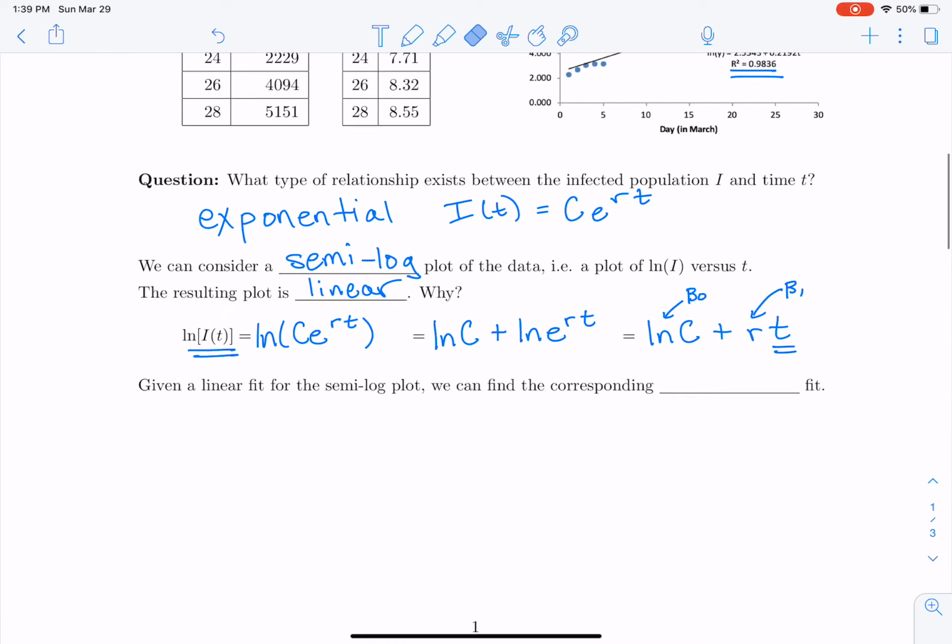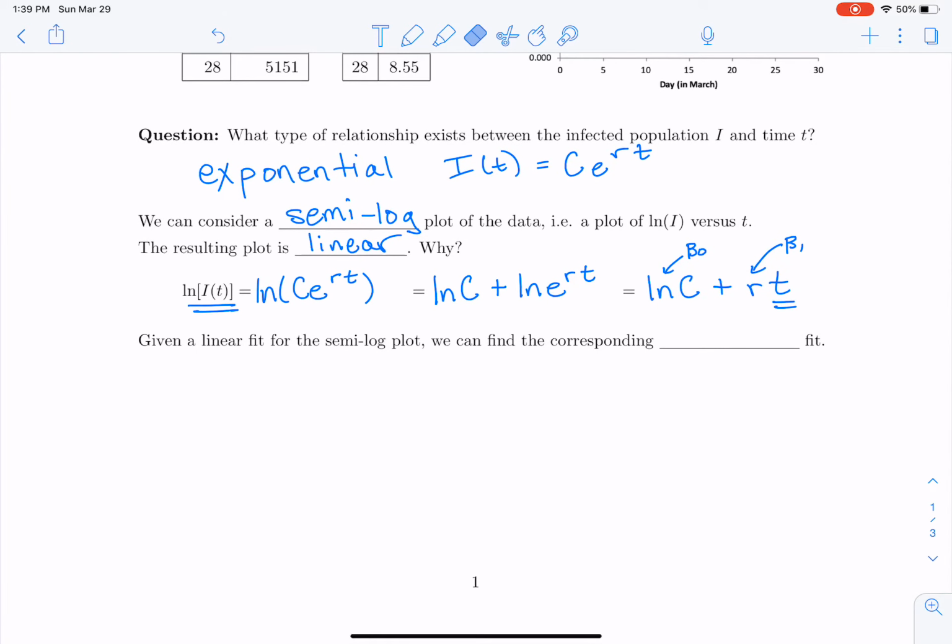Now, once we have that fit, how can we find the corresponding exponential fit? Let's assume that we ran natural log of I of t against t, and then we got our regression. Our regression is going to be beta 0 hat plus beta 1 hat times t. We can then turn that back into an exponential function.